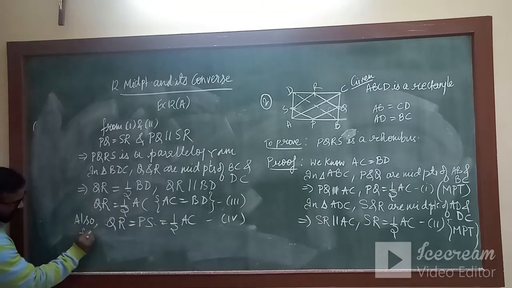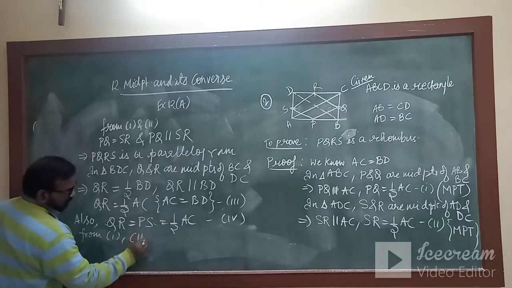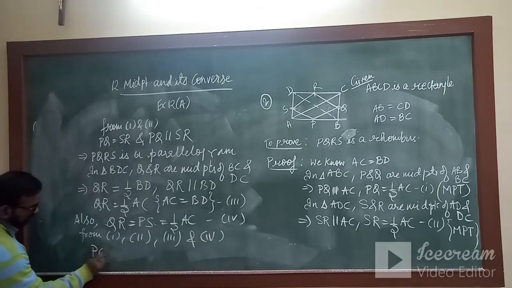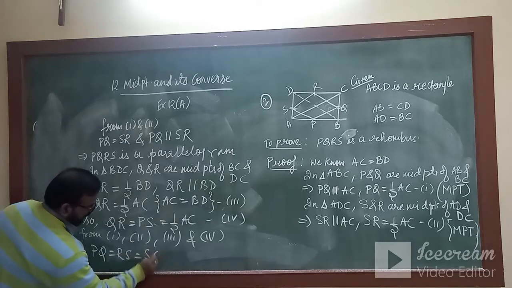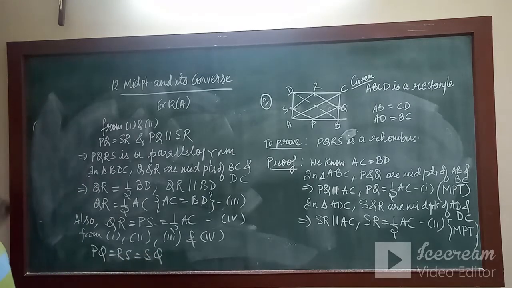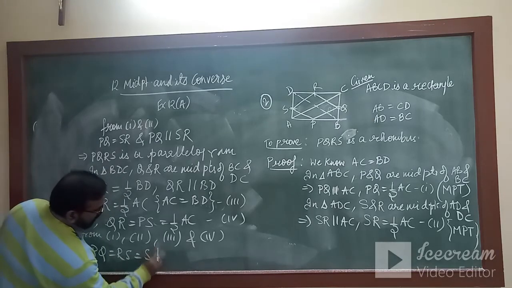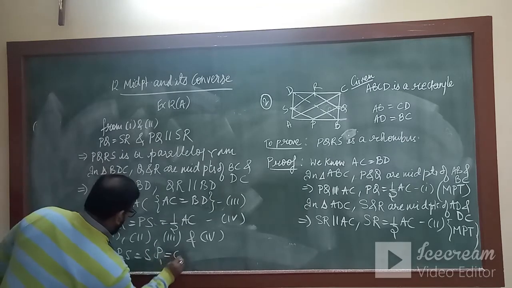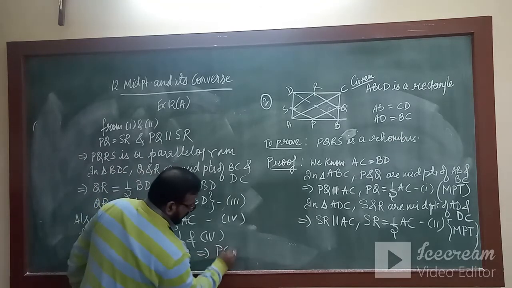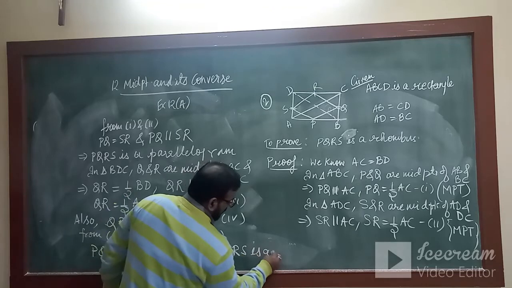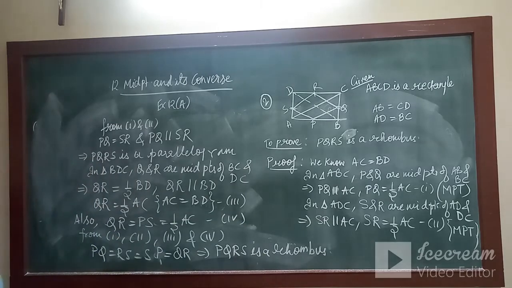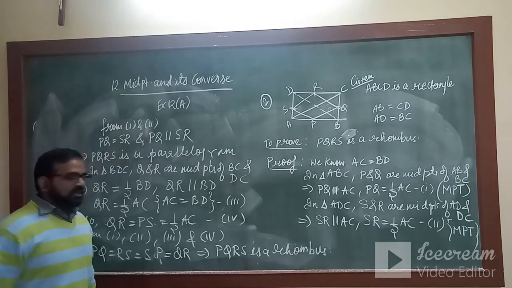So in the end we will get from 1, 2, 3 and 4, PQ equal to RS equal to PS equal to QR. So this will give us that PQRS is a rhombus. Okay, so we have proved that PQRS is a rhombus by using the midpoint theorem.